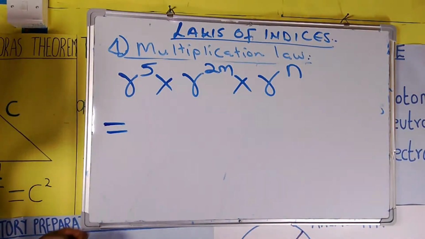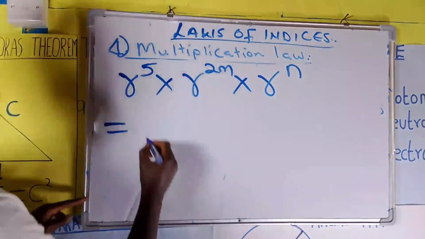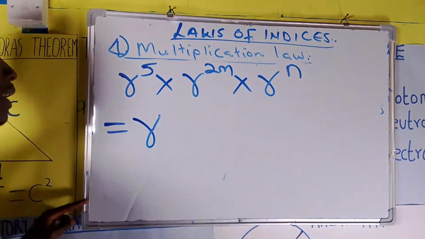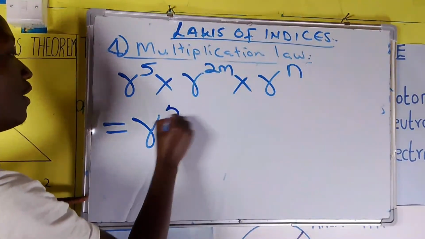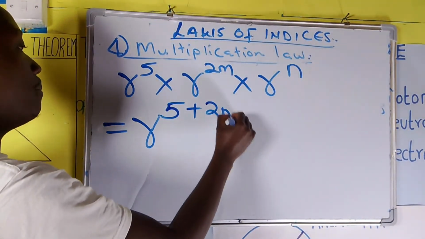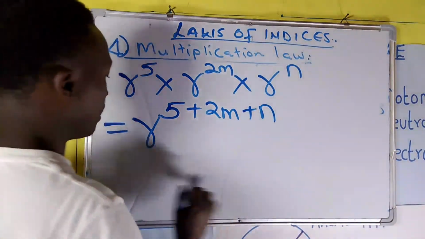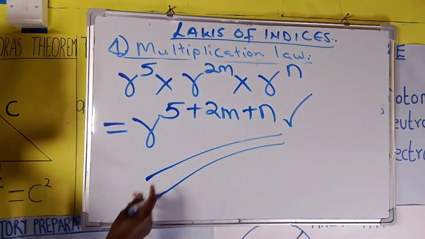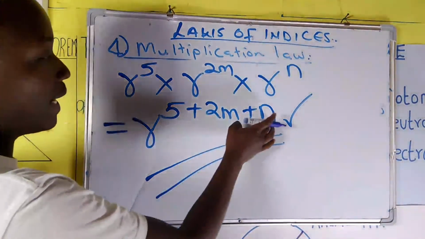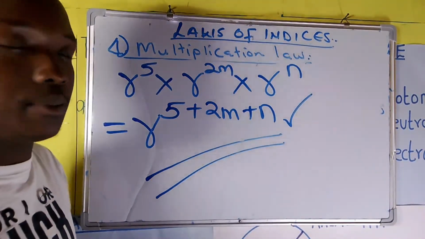And remember, we have said when the base is the same and we are multiplying, our base r will remain. Then we will add the powers. 5 plus 2m plus n, and just by the look, that one we will leave it like that, because 5, 2m and n are not like terms, they are unlike terms, so we cannot add them.